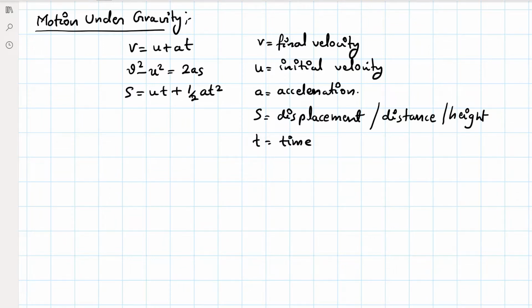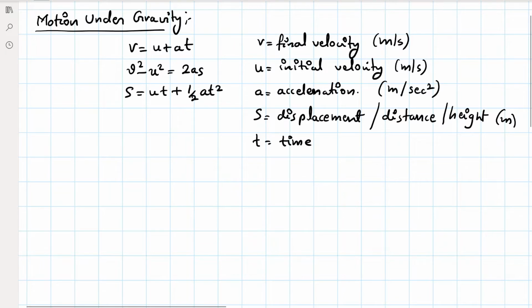So units: usually velocity we take in meter per second, that is final velocity and initial velocity also meter per second, acceleration in meter per second square, distance in meters, and time in seconds.